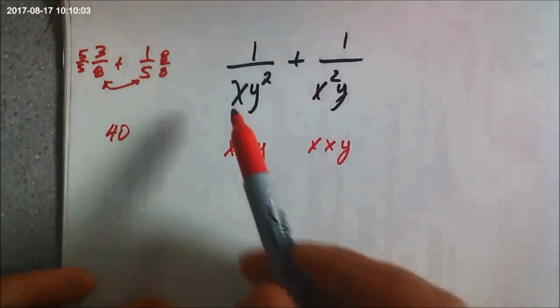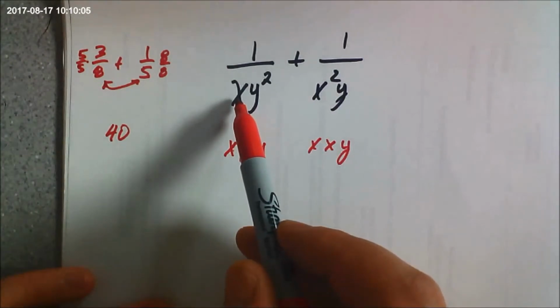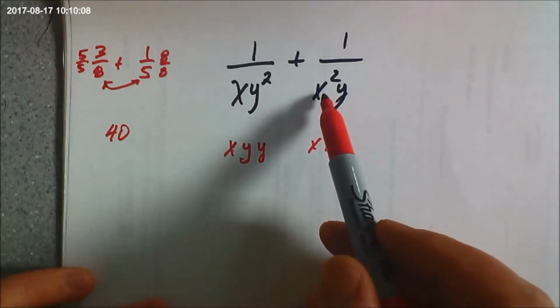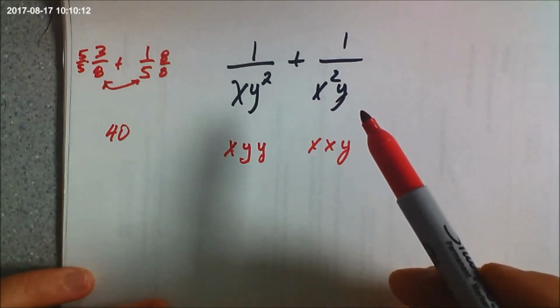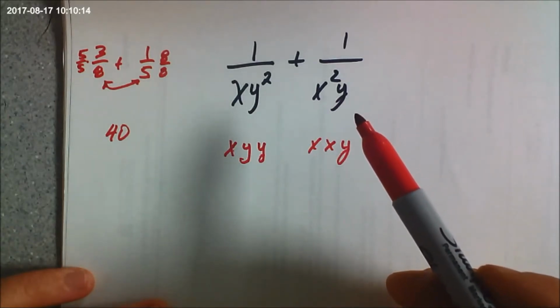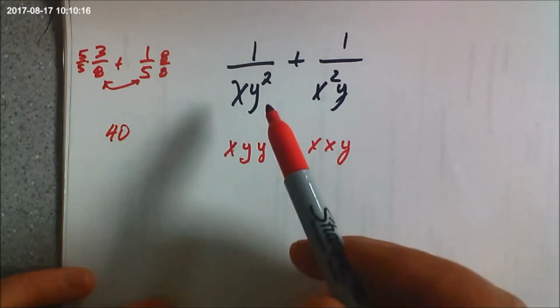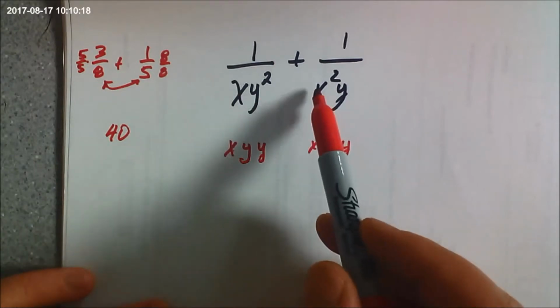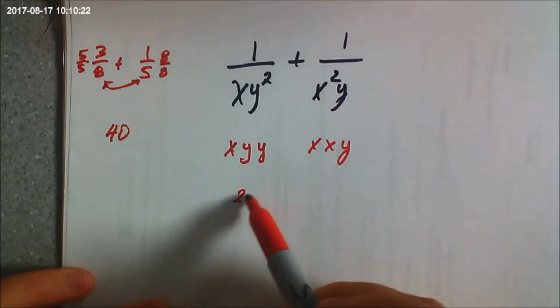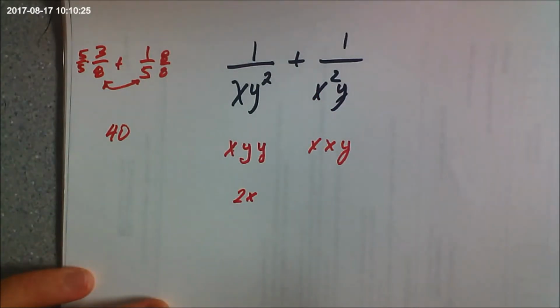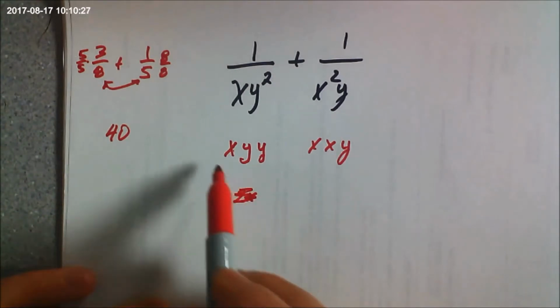You can just look and realize that x and x squared, what do they both go into? x squared. So how many times does x go into x squared? x times. Twice would be 2x. It's tricky, I know.